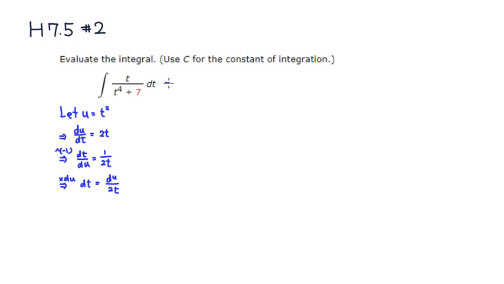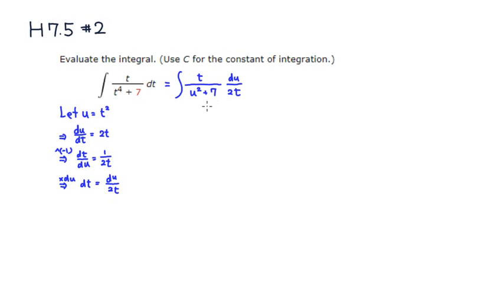So this integral can be rewritten as, I'm going to leave t as it is, and then t to the fourth is u squared, because u is t squared, so if you square that, you get t to the fourth. So u squared plus 7, and dt is du over 2t.